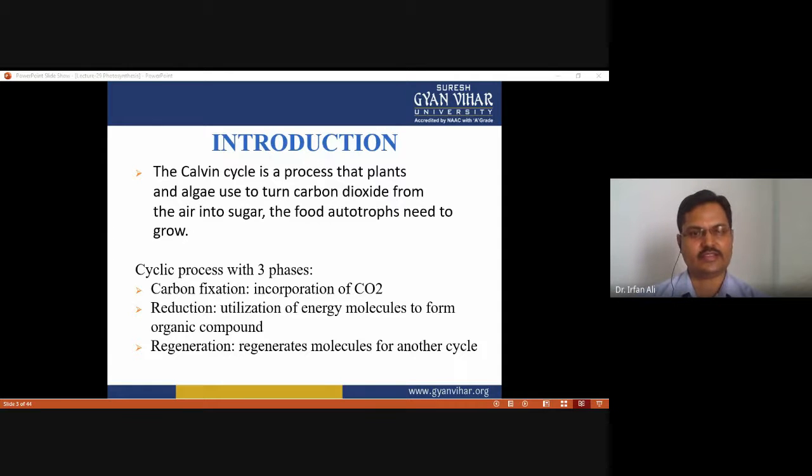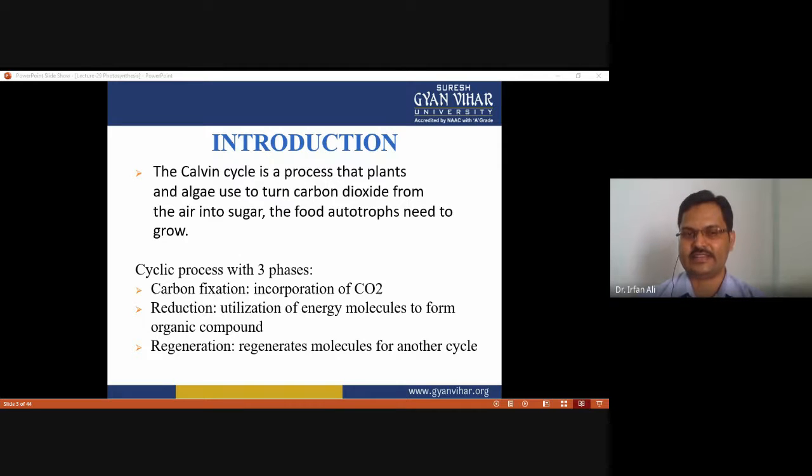The first phase is carbon fixation, in which carbon dioxide from the air or atmosphere is incorporated. The second is reduction. In this phase, energy molecules are used to form organic compounds, that is, the ATP and NADPH formed in the light reaction, which are used for the synthesis of sugar molecules.